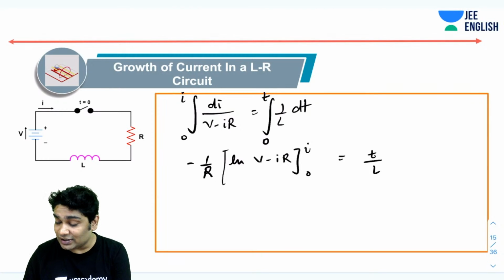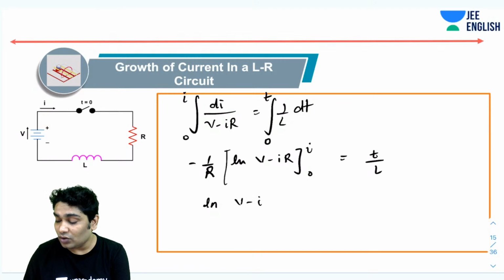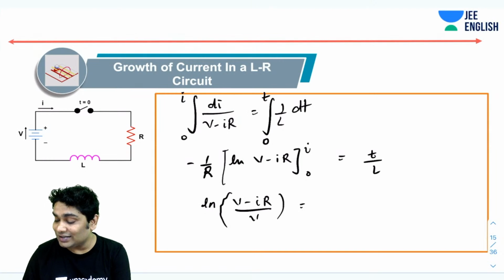Now I will take this term on the other side, and I get ln of V minus IR over V, and this becomes equal to minus R over L times t.